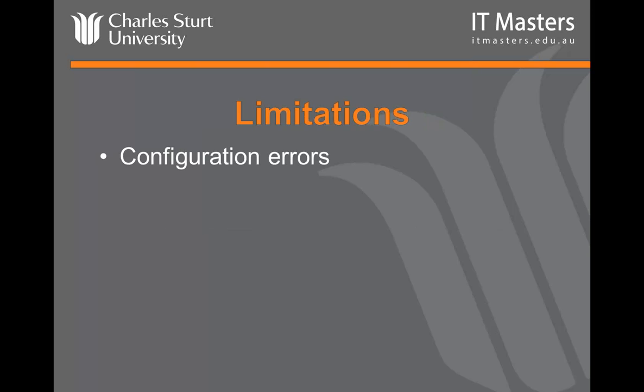So, limitations. It's all well and good to say, let's use our firewalls, and it's going to protect us against these different things, but there are always going to be limitations. One of the main ones obviously is configuration errors. The firewall's job is to implement security policy. Depending on what specific firewall you're using, what software or hardware platform, there are specific ways of implementing features such as ACLs, which we looked at this week, packet inspection, network address translation, authentication, and so on and so forth.